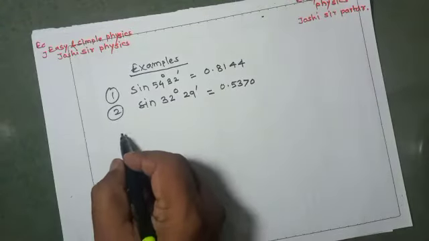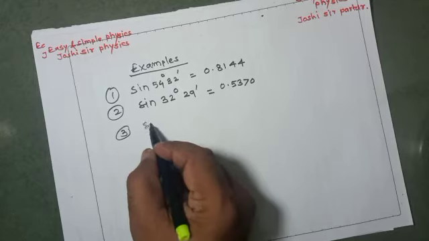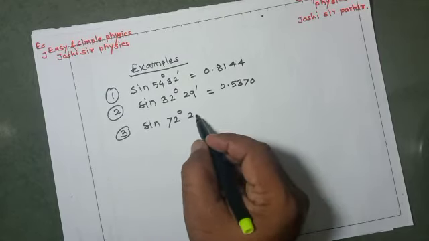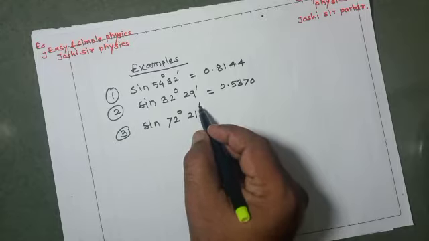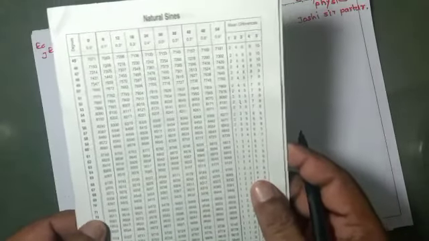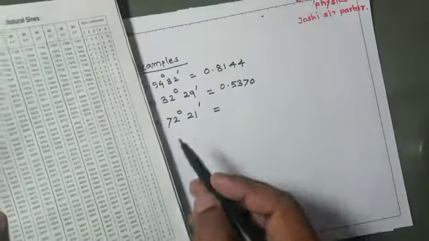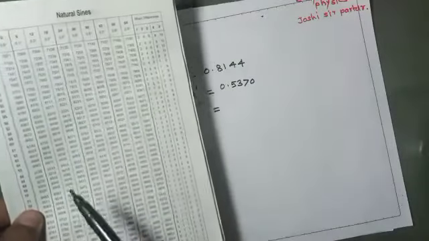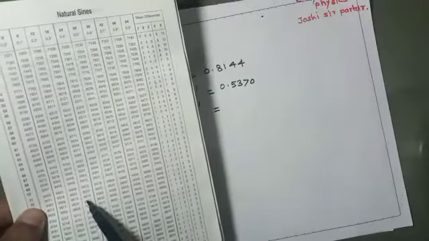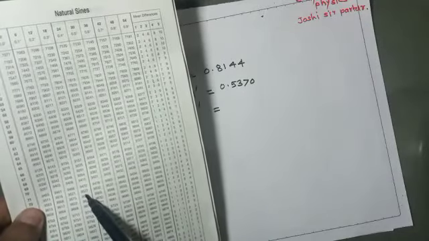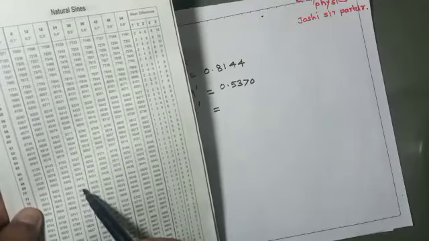Another example, if sine of 72 degree 21 minutes is given, we can find sine 72 degree and 18 minutes here, so it is 0.9527.